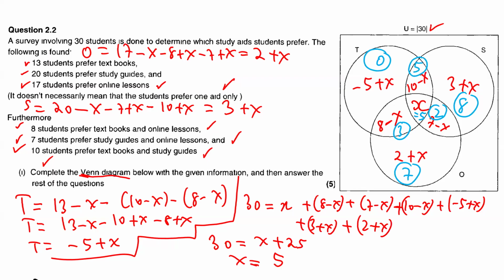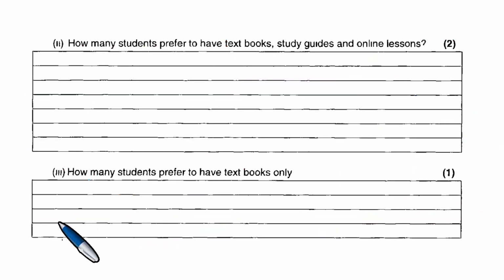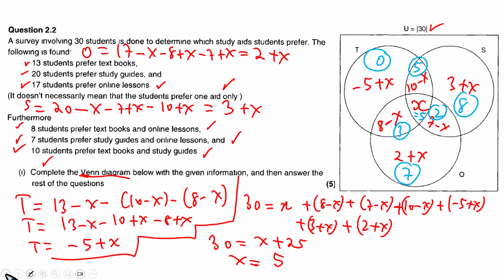The next question is very easy and straightforward. Here comes the question: how many students prefer to have textbooks, study guides, and online classes? 2 marks. We can look and see that those students are exactly 5 in number.